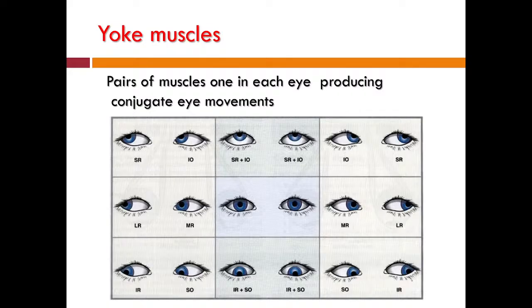What are the 2 muscles? They are called yoke muscles, one in each eye. So, I am looking straight towards the right, so lateral rectus of this eye and medial rectus of this eye are the yoke muscles which are responsible for this particular action. Remember this. The pair of muscles, one in each eye, which are responsible for a particular eye movement, are called yoke muscles.